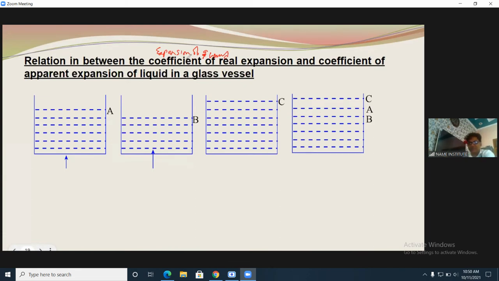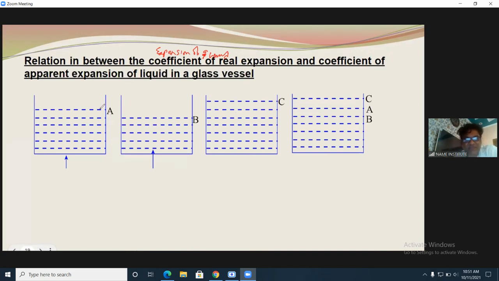Expansion of liquid. What we have to discuss now is the relation between the coefficient of real expansion and the coefficient of apparent expansion of a liquid in a glass vessel. Listen, all students. We will make this a very easy topic, as long as we spend our time on it in class.